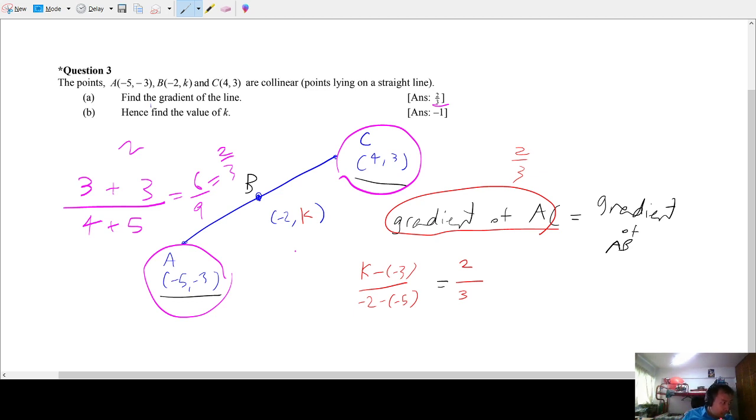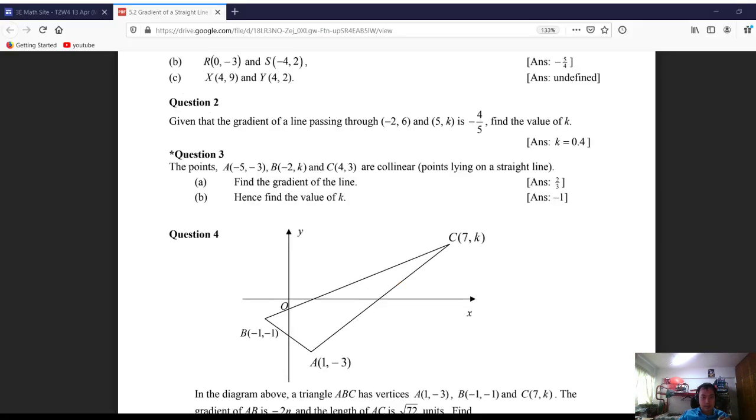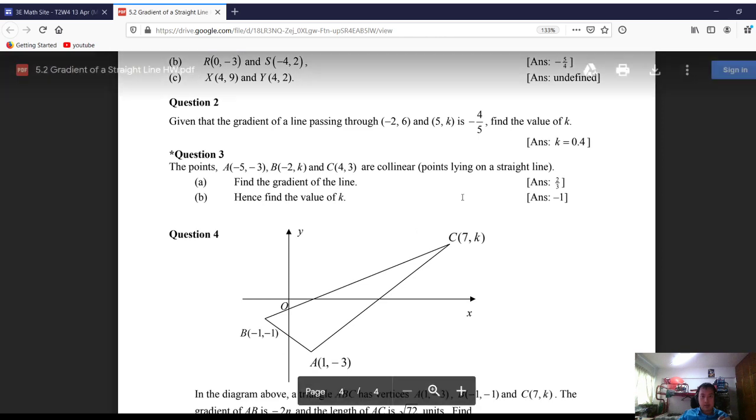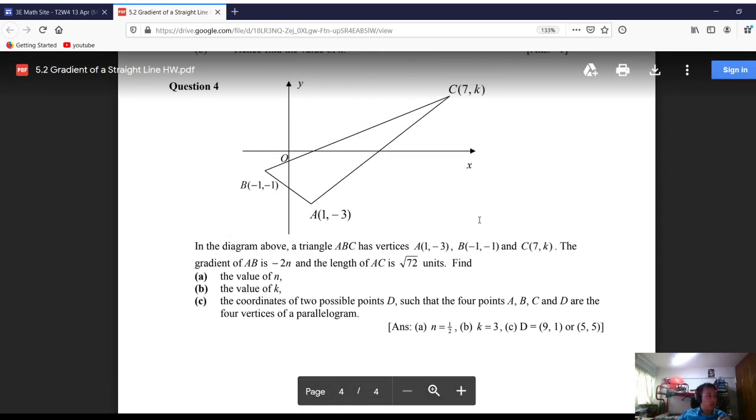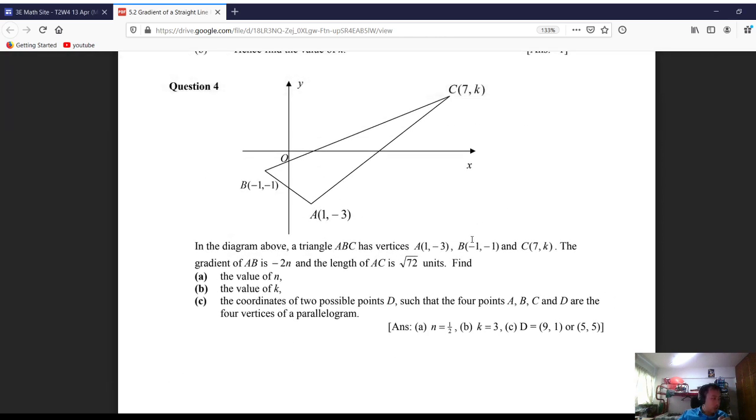Question 4Z. There's no 4Z. Okay, question 4.